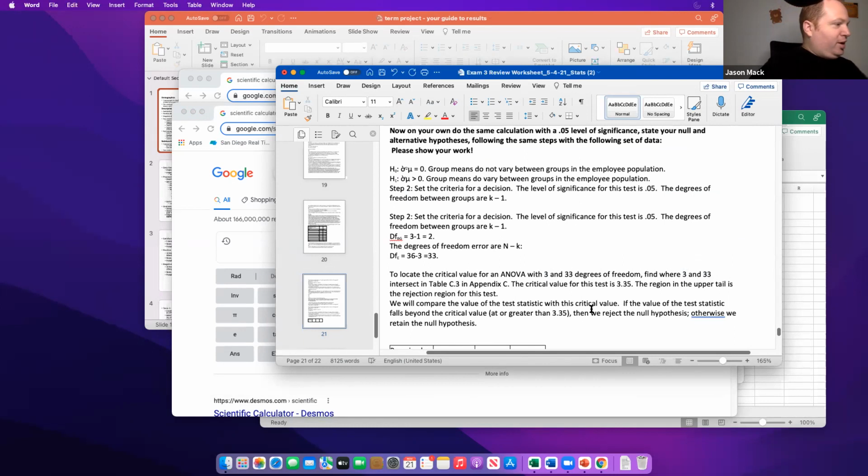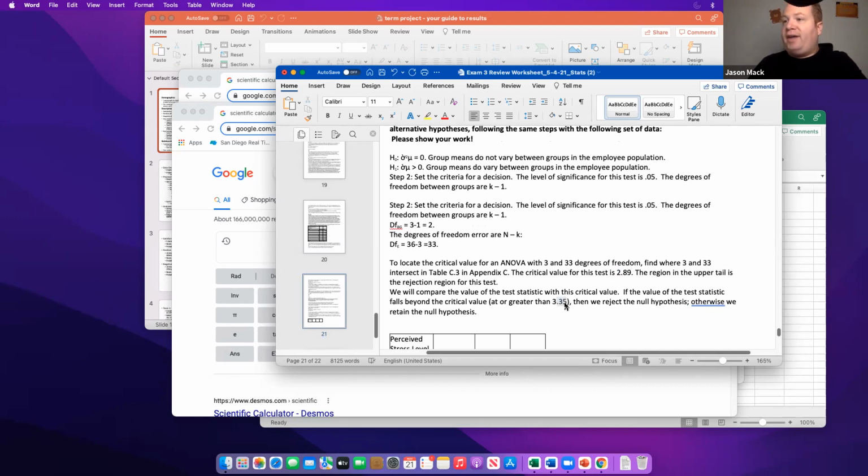I'll look at mine in my book here, for 3 and 33 degrees of freedom, and the critical value is 2.89. So we're going to change that. We're going to see if it's at or greater than 2.89.